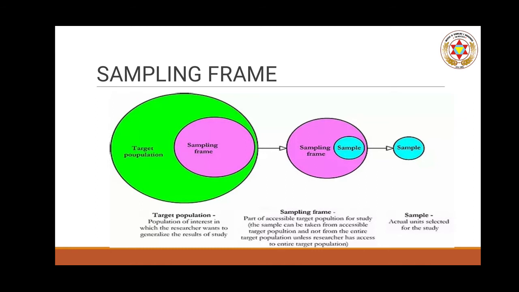And from this, a part which is the accessible target population is taken as a frame, and then from that sampling frame the actual sampling is done. So in order to understand the sampling frame, we need to specify the target population.